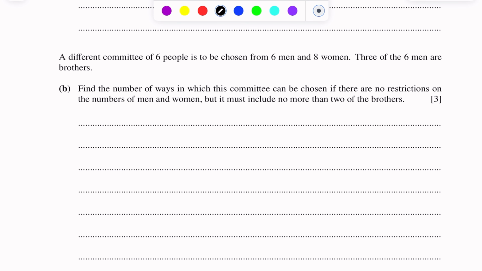The total people of the committee are 6. There are 6 men and 8 women. Total people 14. There are 3 brothers.